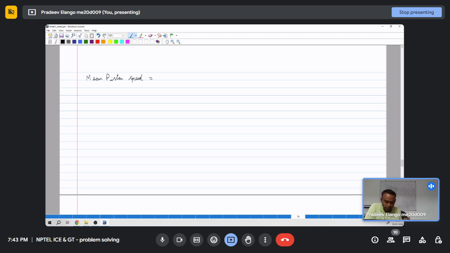How do we calculate that? We know that it runs at 2000 rpm, so for 2000 rpm we will have 2000 by 60 revolutions per second, and for each revolution how much distance does the piston travel?